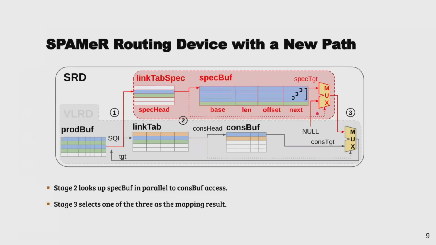The new path goes in parallel to the existing Virtual Link address mapping pipeline. A multiplexer in stage 3 might choose a speculation target from the specbuf when no matching consumer request is found in the consumer buffer.